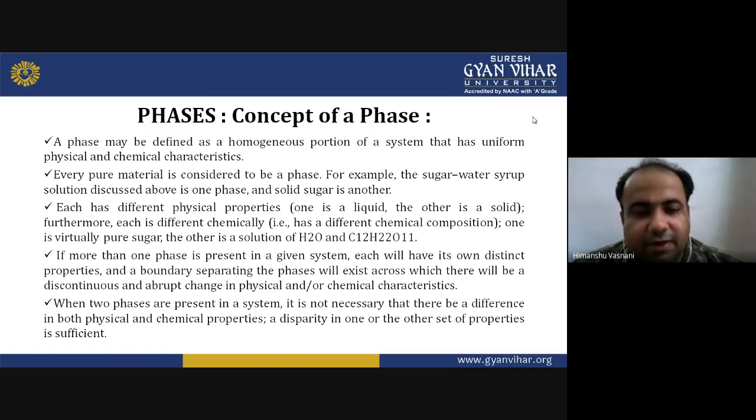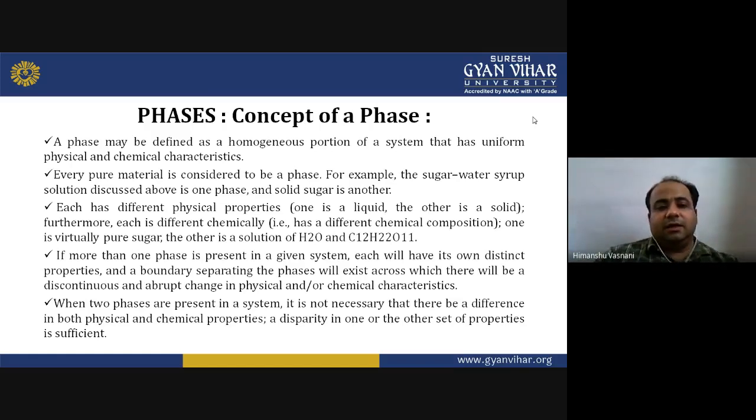Each is also different chemically, that is, it has a different chemical composition. One is virtually pure sugar, and another is a solution of water and sugar. So we need to understand the phase.